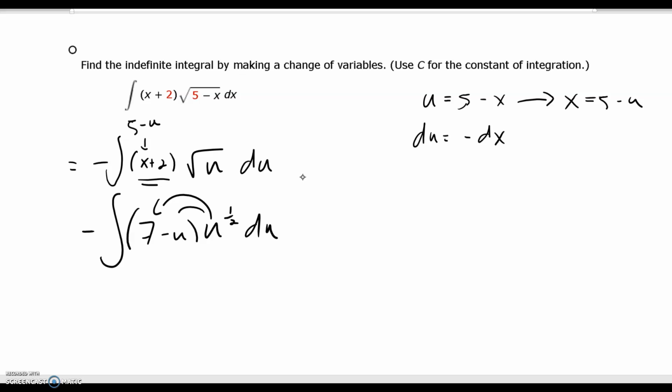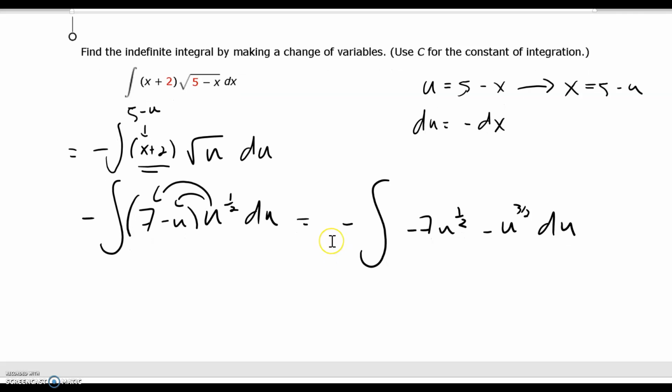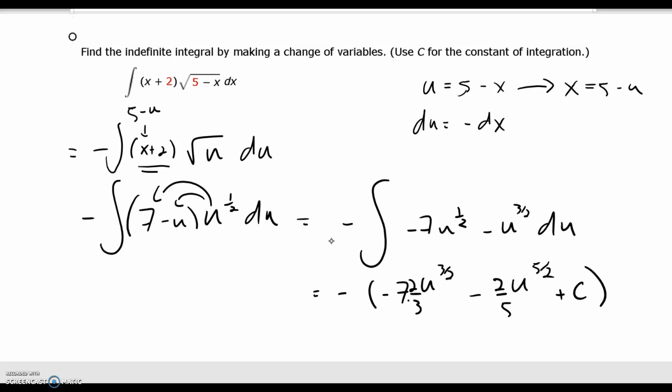Integrate, I'll run this guy through, and that gives me negative 7u to the 1/2 minus u to the 3/2 du. And then I can integrate that guy, and I get negative 7u to the 3/2 times 2/3 minus u to the 5/2 times 2/5 plus c.